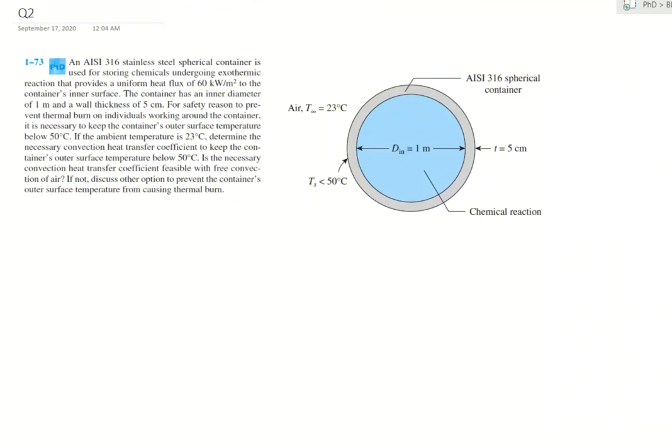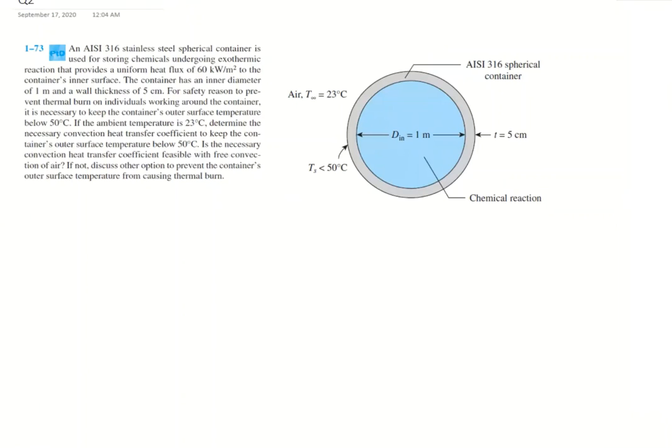Okay, so we'll move on to the next question. This one's about conduction. And we have a pipe. We have a uniform heat flux. So this time we actually don't know the full Q, but we know that kind of smaller q, and that's 60 kilowatts per meter squared.